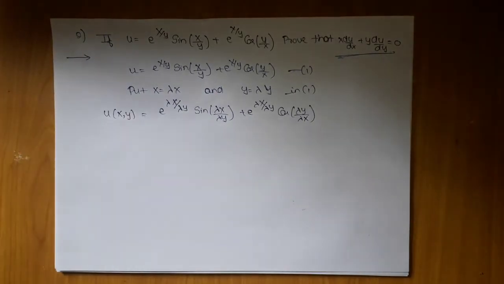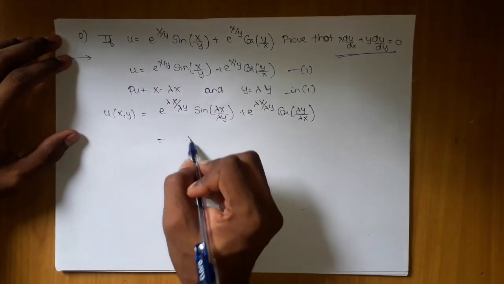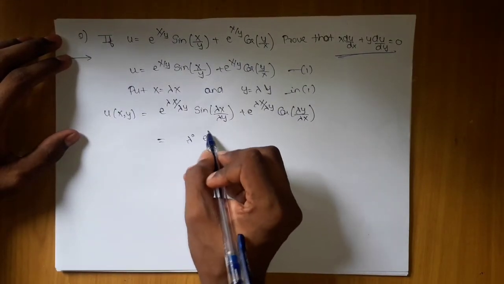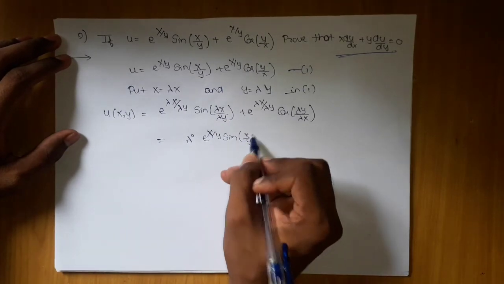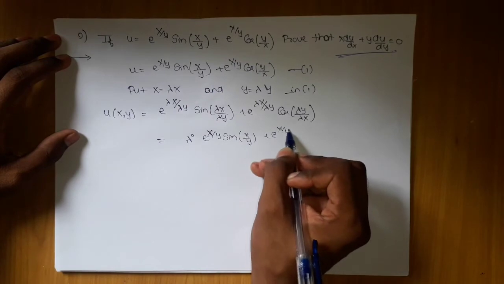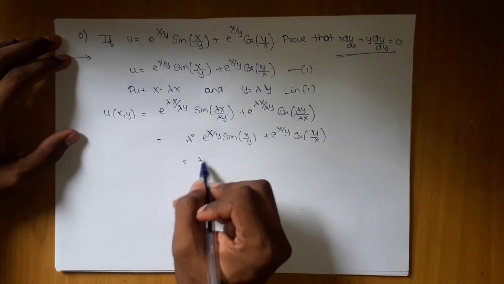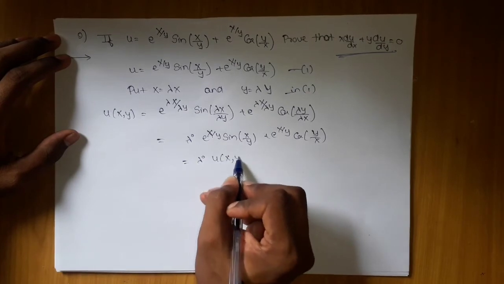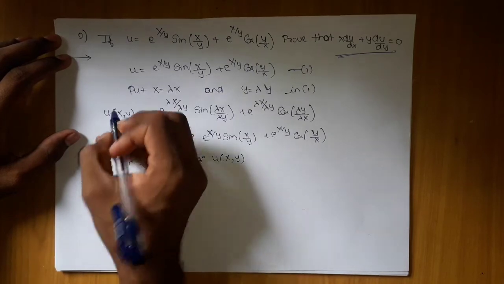You can clearly see that lambda will cancel out, and you are finally getting lambda power 0 e power x by y into sin x by y plus e power x by y into cos y by x. So this is nothing but lambda power 0 times u of x comma y.